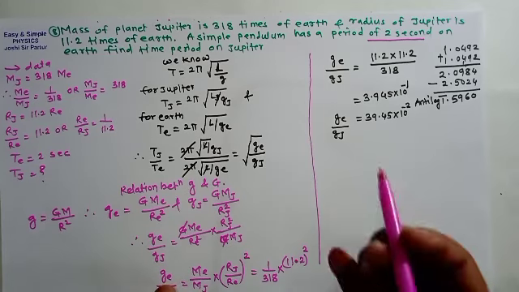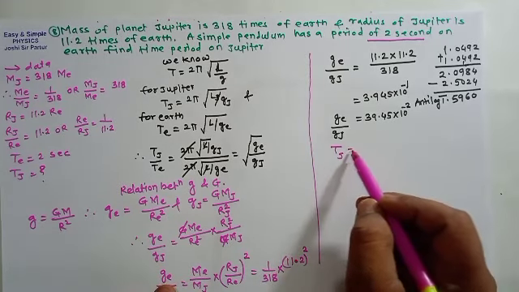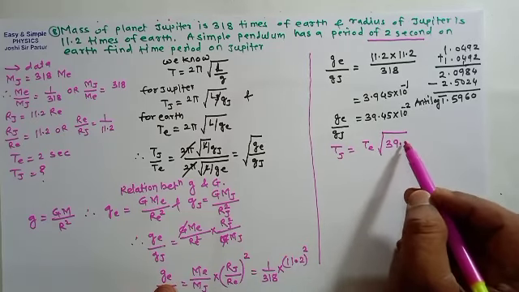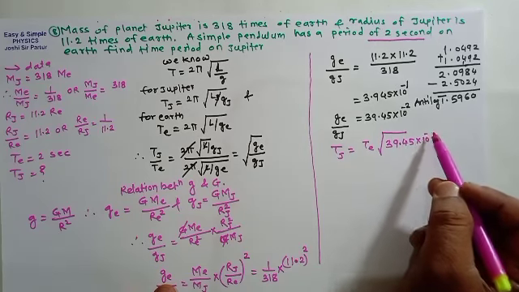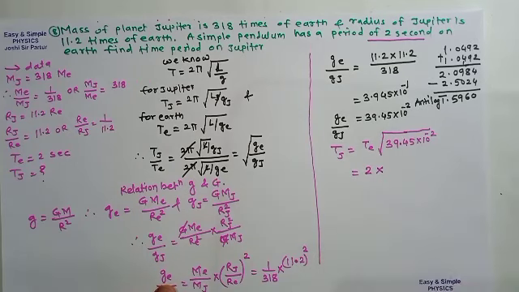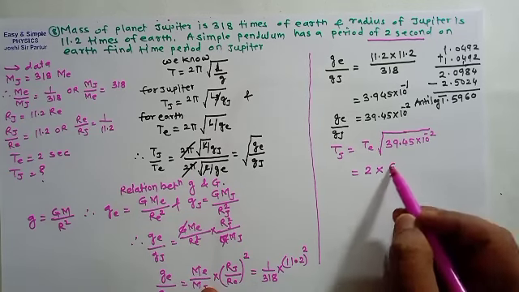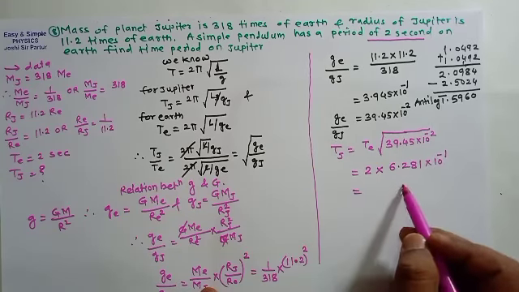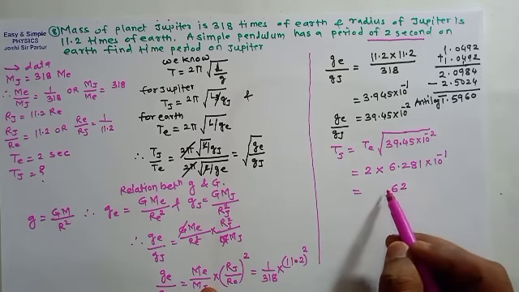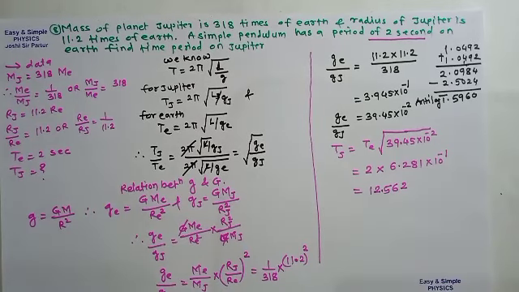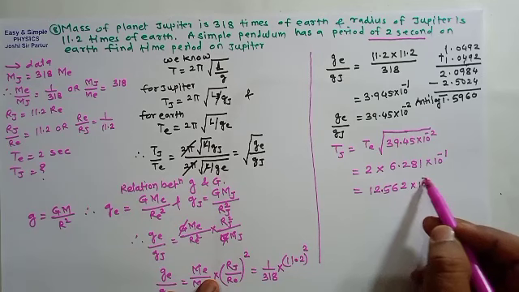If we substitute, time period of Jupiter is equal to time period of Earth times square root of 39.45 into 10 raised to minus 2. Again, time period for Earth is 2, multiplied by square root of 39.45, which will be 6.281 into 10 raised to minus 1. So it is 2 times 6.281, which is 12.562 into 10 raised to minus 1.